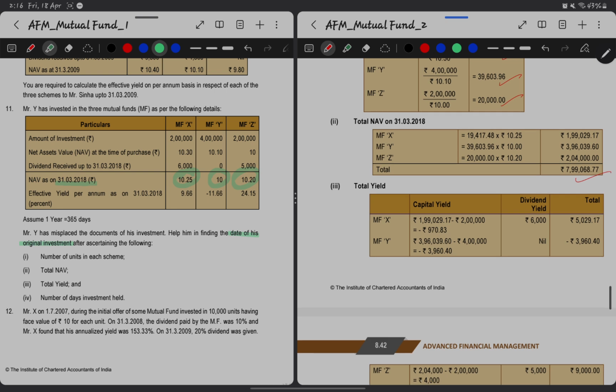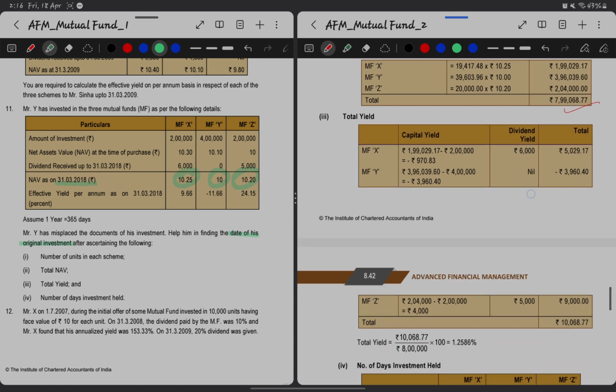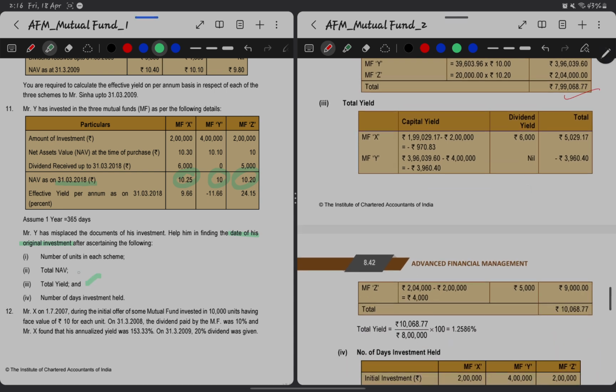And here there will be yield because the market price has changed. There will obviously be some capital appreciation, which is nothing but the unrealized gains, and there is some dividend received also, which will add up to the returns of these mutual funds. Hence this third requirement is total yield.